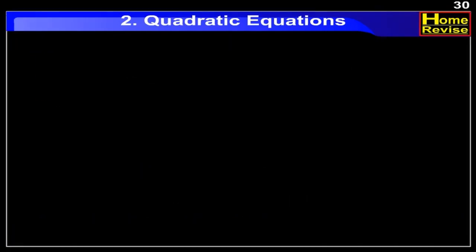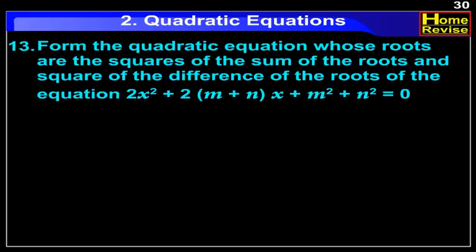Form the quadratic equation whose roots are the square of the sum of the roots and the square of the difference of the roots of the equation 2x square plus 2 into (m plus n) into x plus m square plus n square is equal to 0.